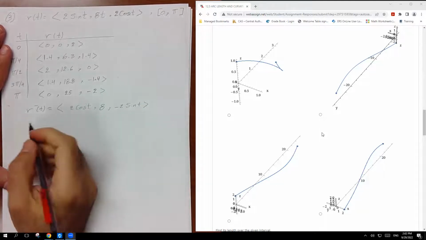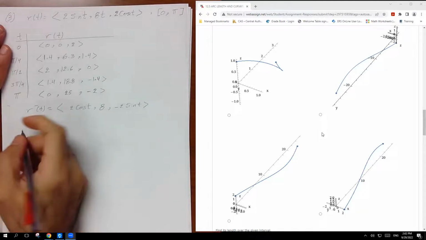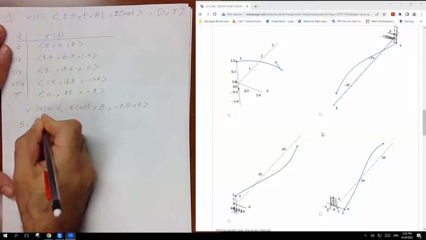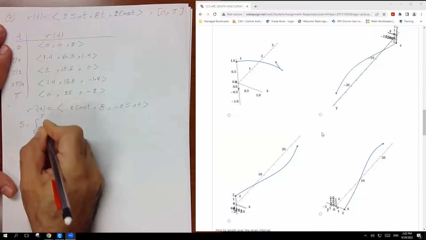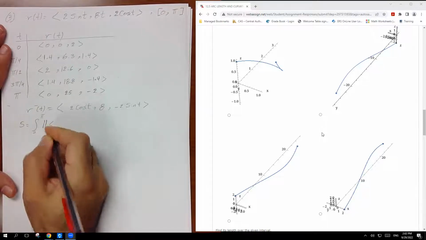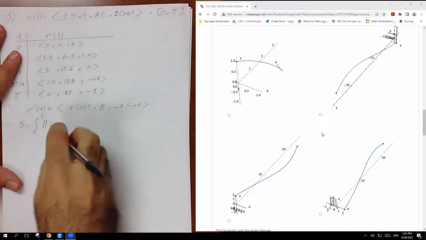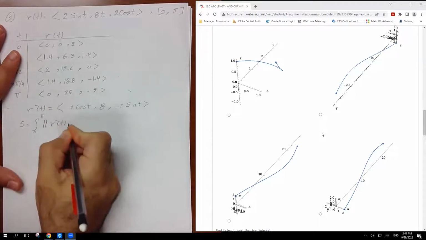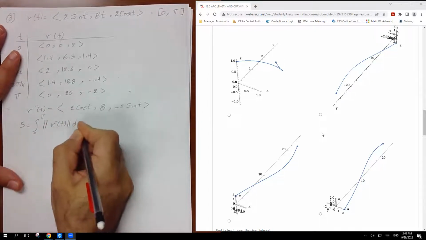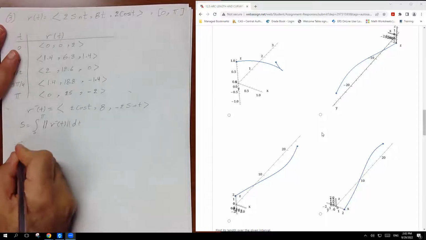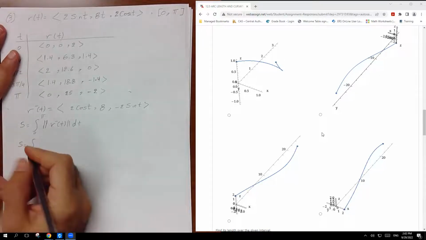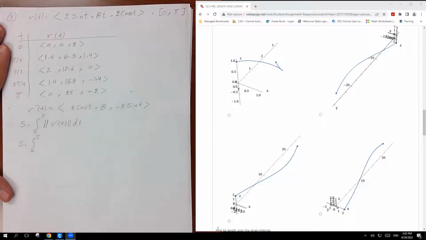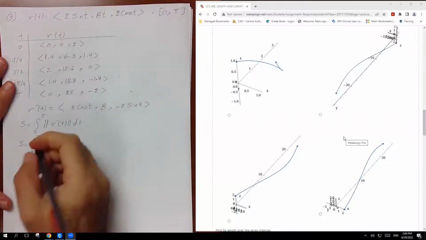Then next step. I'm going to find the distance, which is the integral from 0 to pi of the length of r prime, which is, let's write down the rule first, dt. That means the distance is going to be the integral from 0 to pi.